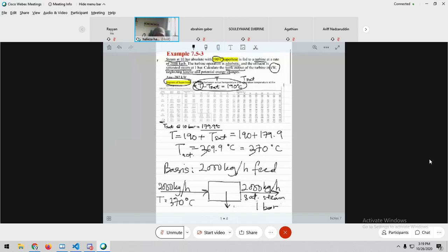So the input is superheated steam. This is your work coming out. So that's the question. This is adiabatic. So Q equals 0.